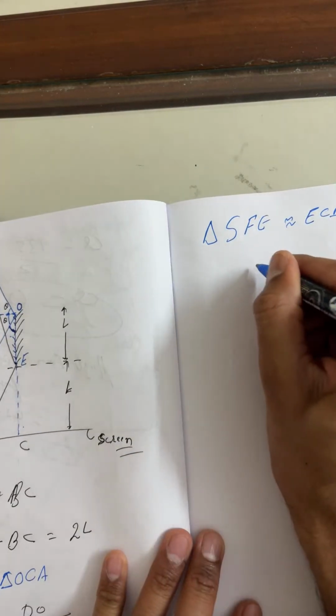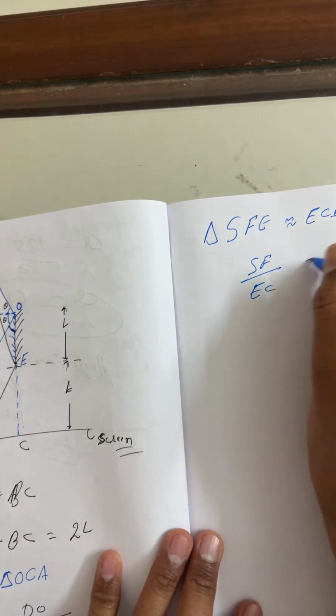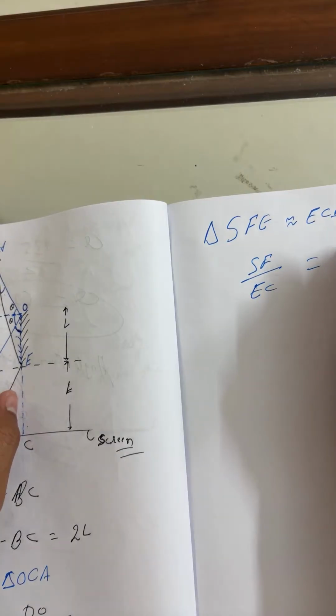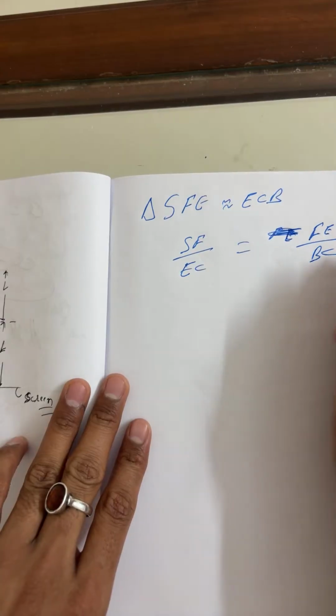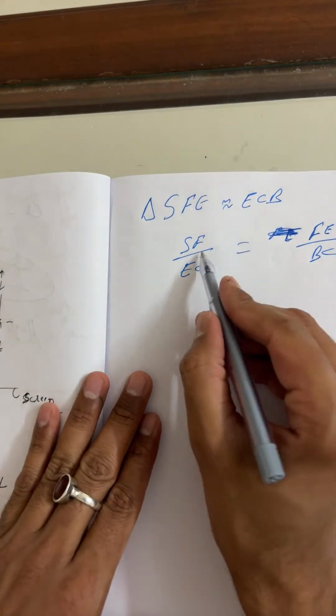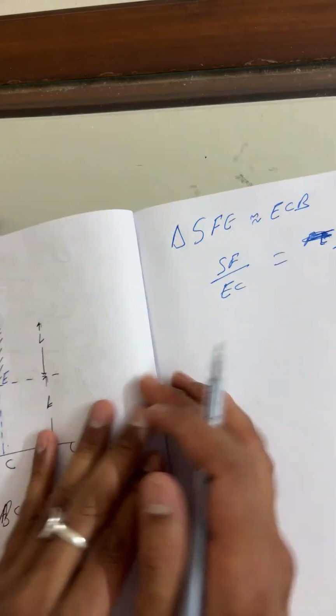So SF upon EC is equal to FE upon BC. According to the geometry, SF is equal to 12.